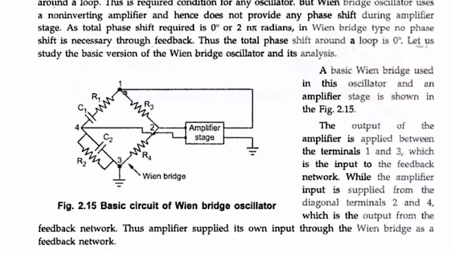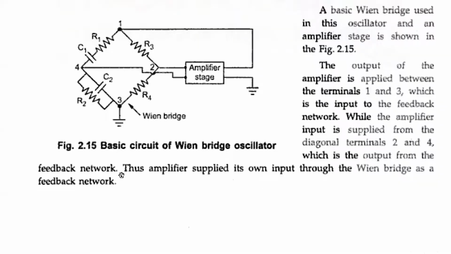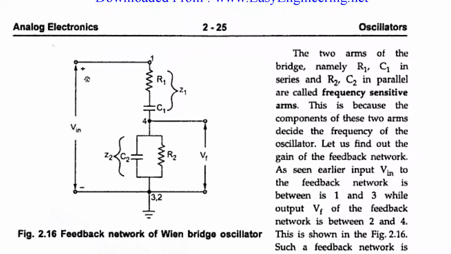So Vin, R1, C1, VF, C2, R2. Now we will redraw this network. Vin here, R1, C1; VF here, R2, C2, right?